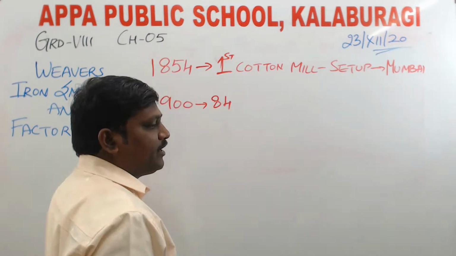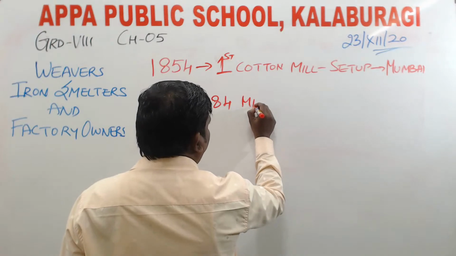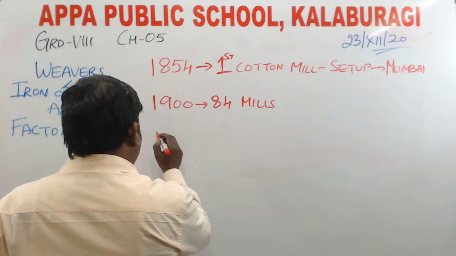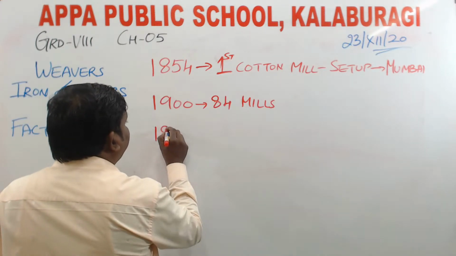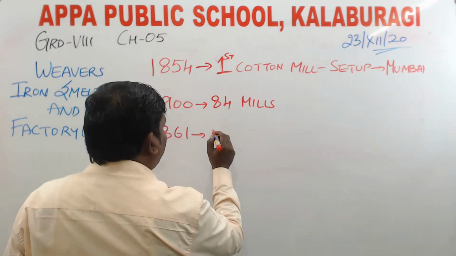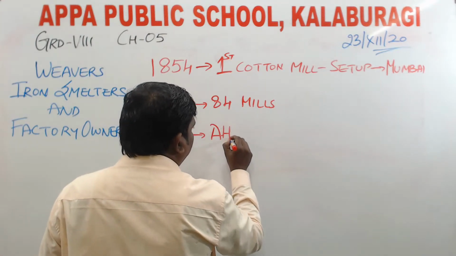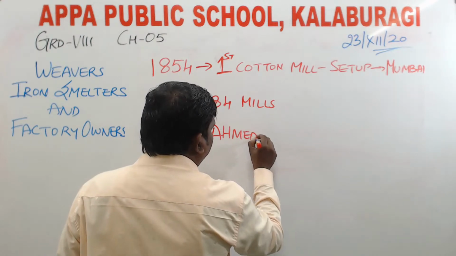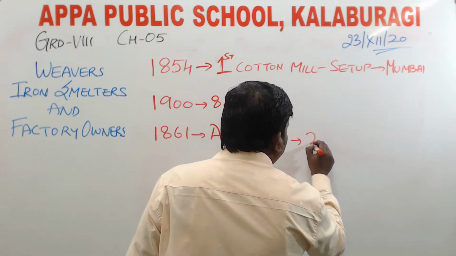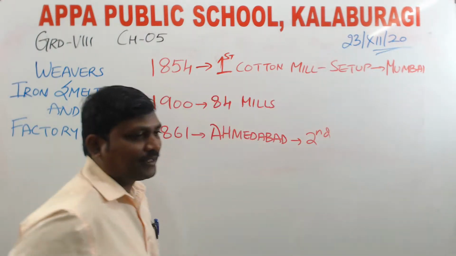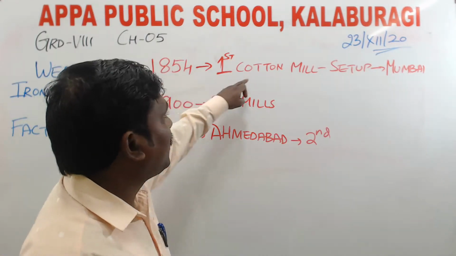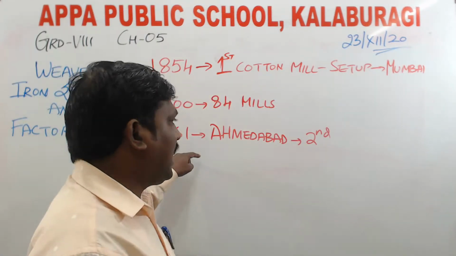Up to 1900 there were 84 mills in India. And after 1854, in 1861, the second cotton mill of India came up in Ahmedabad.